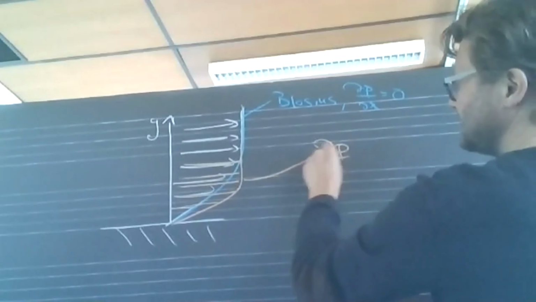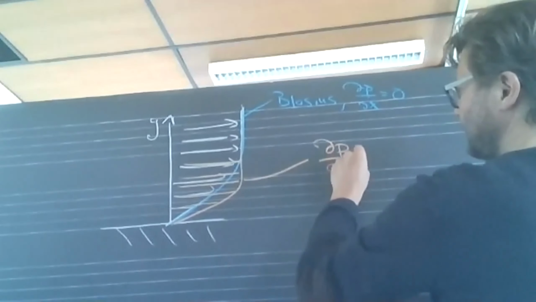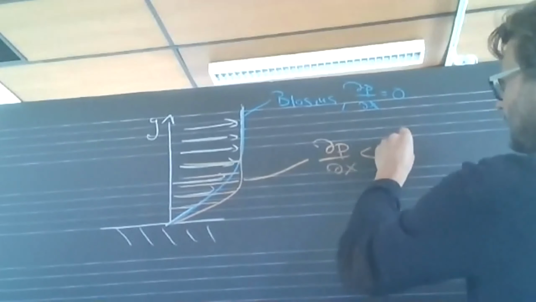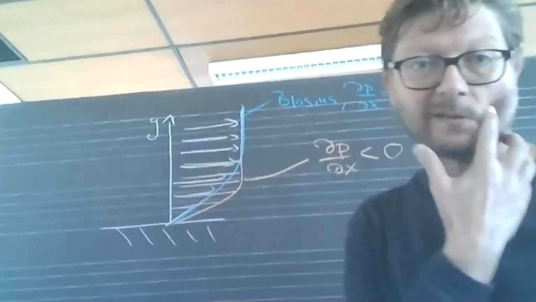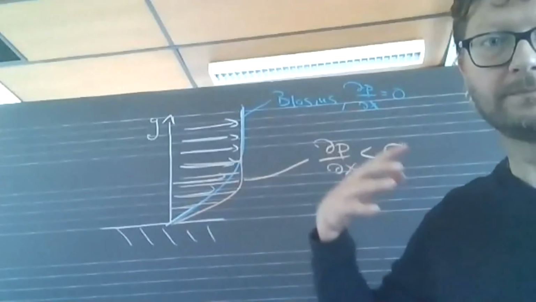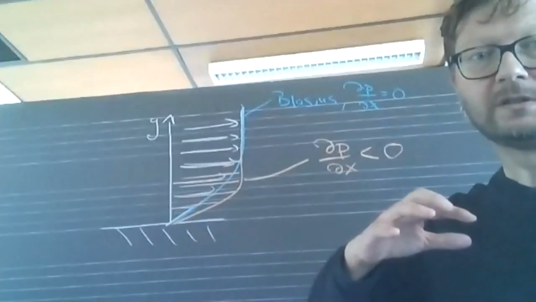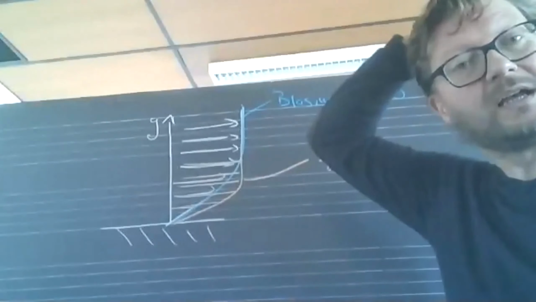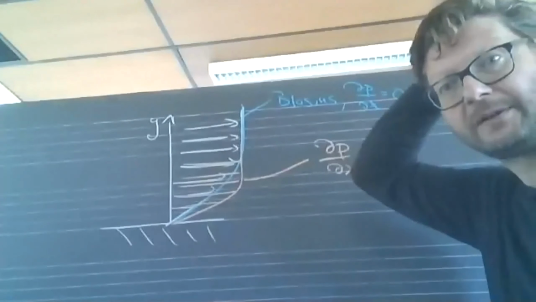So this is an accelerated outer flow, also called a favorable boundary layer.